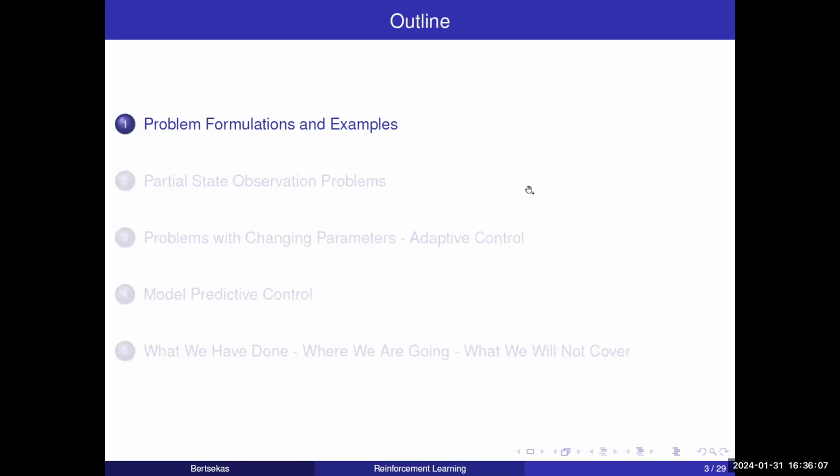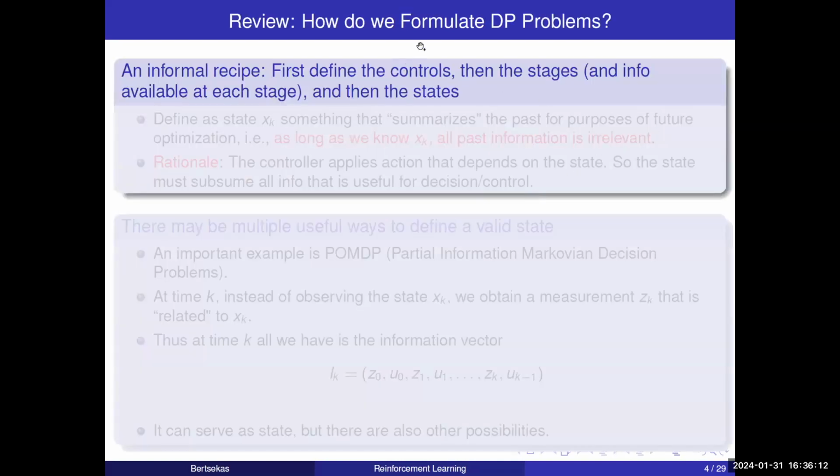So, problem formulations and reformulations. How do we formulate practical dynamic programming problems into the mathematical format that we have been using? And I mentioned to you an informal recipe, the one that I use. First, define the controls. These are fairly obvious from the practical situation.